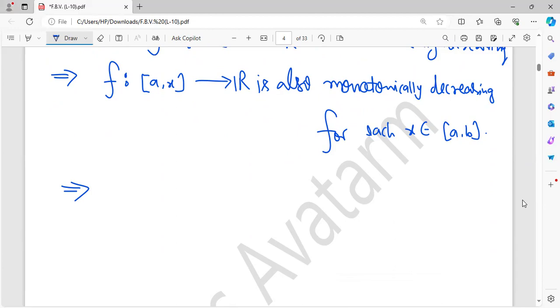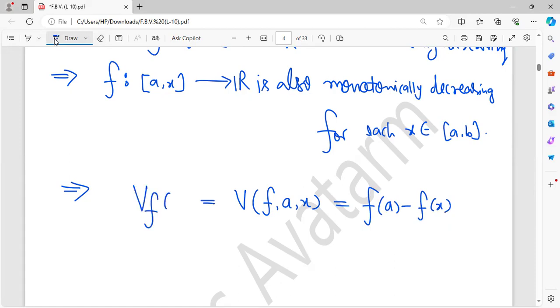And its total variation is given by f(a) minus f(x). That is V_f(x) for each x belongs to the closed interval [a, b].